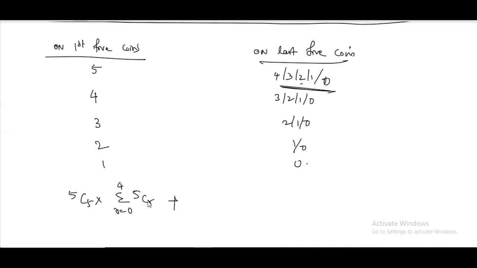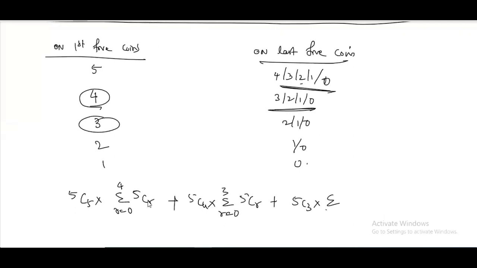Plus, next, out of 5 coins, 4 coins can be selected in 5C4 ways, and this summation of R from 0 to 3 of 5CR. Plus next, 3 coins can be selected in 5C3 ways, that is summation of R from 0 to 2 of 5CR. Plus next, 5C2 ways here, with summation of R from 0 to 1 of 5CR.